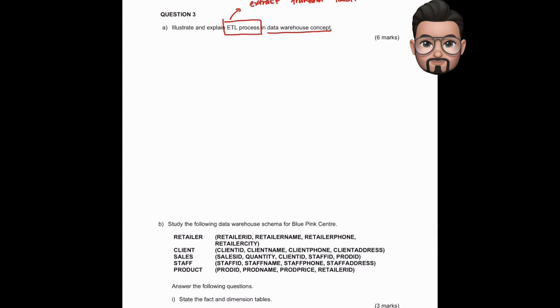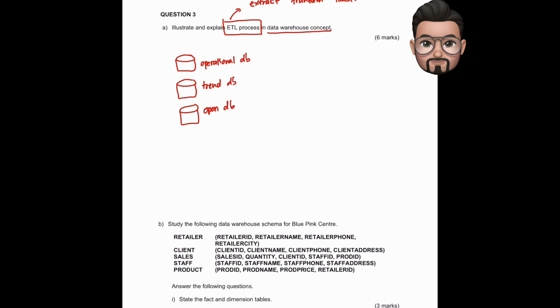Okay, so what do you need to extract? You need to extract data that are coming from multiple sources. Okay, so by right, it can be your operational database. It can be from the trend database. It can be from the open database.